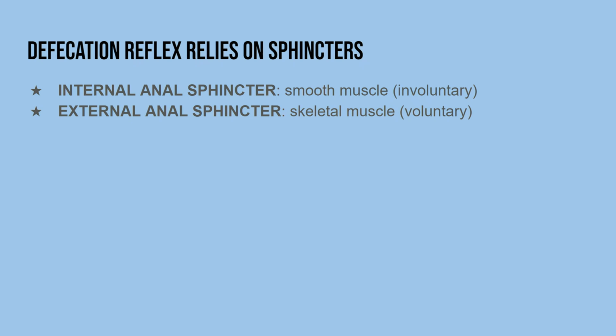The internal one is smooth muscle, which helps you know that it's involuntary, whereas the external anal sphincter is skeletal muscle, which implies that it's voluntary. Skeletal muscle is typically something you can control, whereas smooth muscle is usually an autonomic thing that's regulated more by pressure gradients.